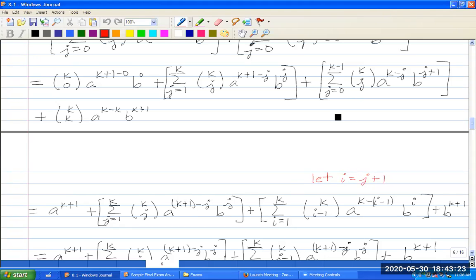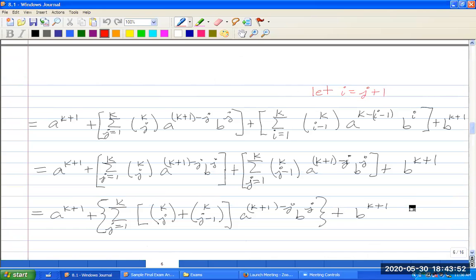When j is k minus 1, i is k. k is still k. Therefore, j is i minus 1. I replace j by i minus 1. And j plus 1 is just i. Now, just to make things look nicer, instead of writing i's here, I'll write these as j's.